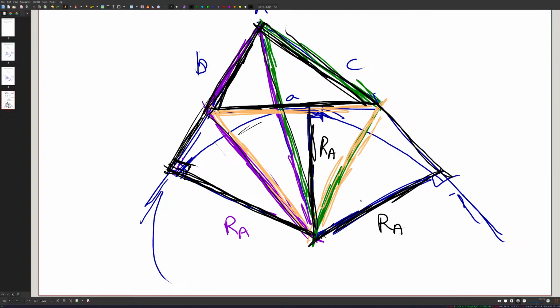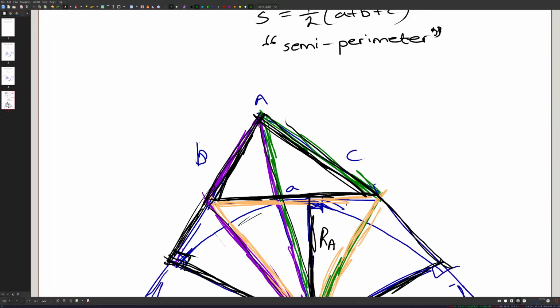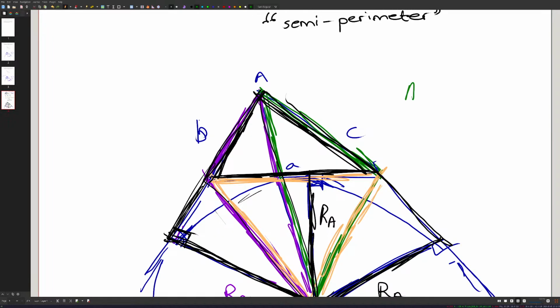And so the area of purple is a half of B times RA. And the area of green is a half of C times RA.